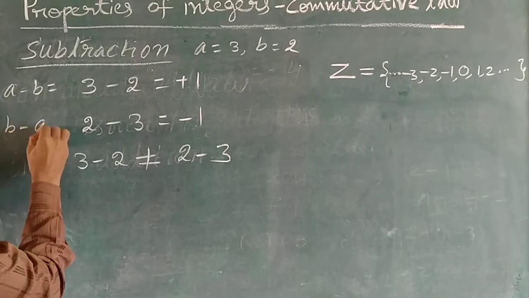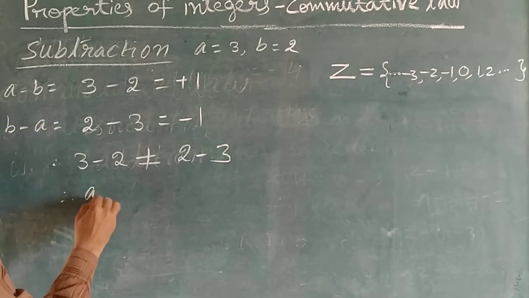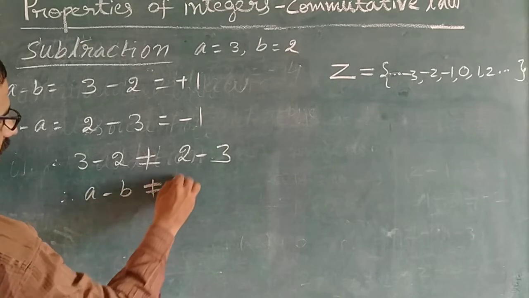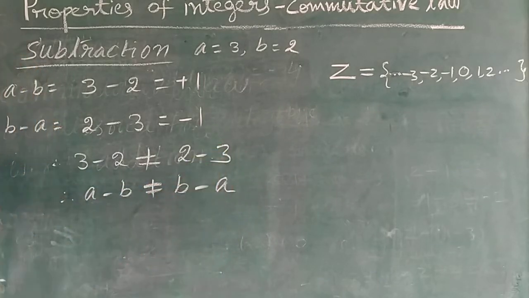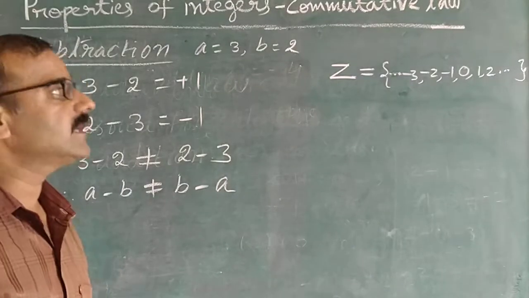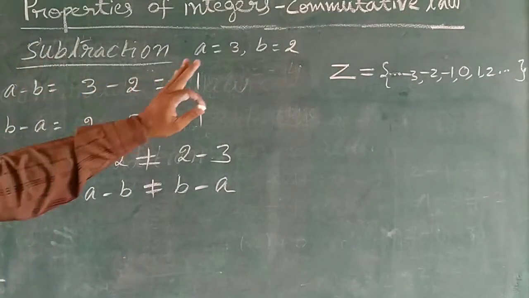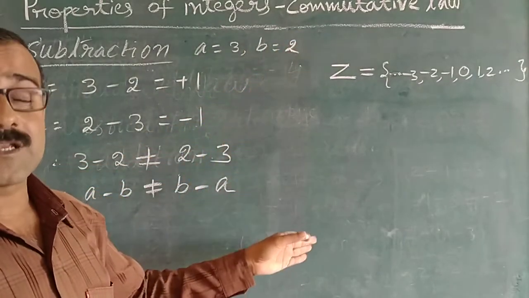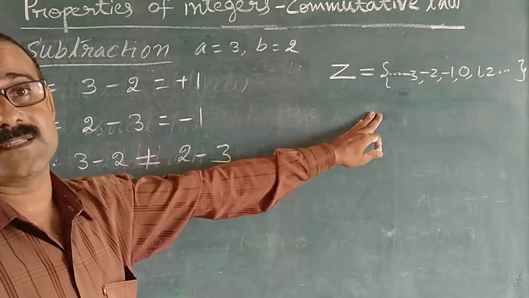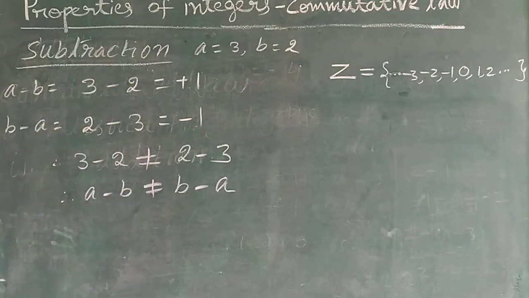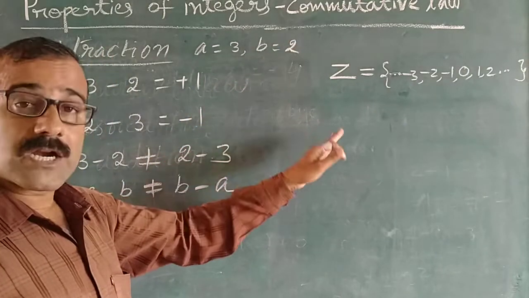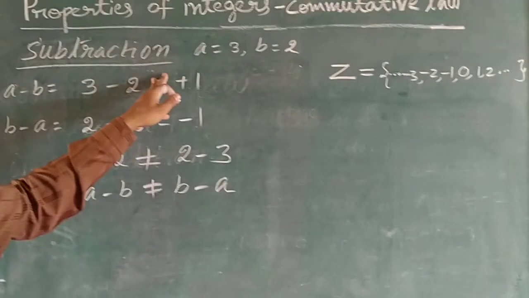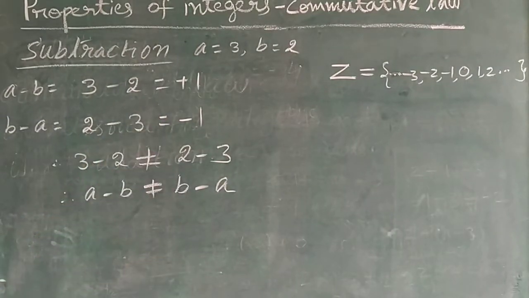Here this is b minus a. So, a minus b is not equal to b minus a. When a minus b is not equal to b minus a, what does it mean, children? The property is not satisfied. Which property? Commutative property. For which numbers? Integers. Which operation? Subtraction. So, commutative law is not satisfied for integers with respect to subtraction.